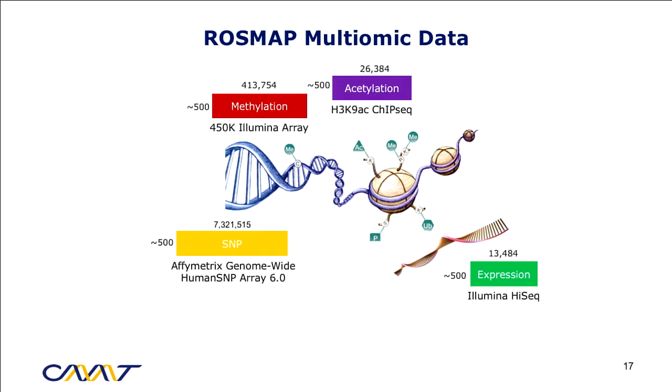In particular, the dataset that I've been working with is from the ROSMap consortium. This dataset is actually one of the largest multi-omic datasets for human brain tissues. Within this dataset, we have gene expression data, DNA methylation data, histone acylation data, and actually we have other omics data not shown here.